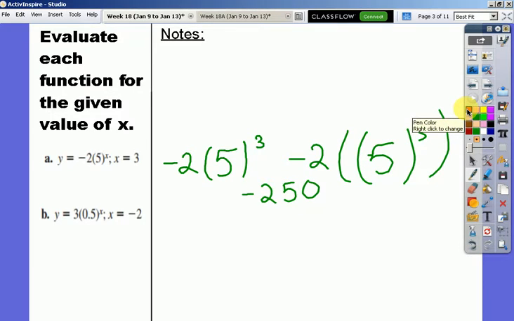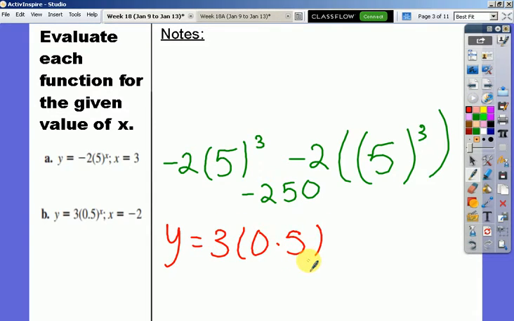Second one, same thing. Do not forget your rules of exponents. Okay, so y equals 3 times 0.5 to the x, and our x in this case is -2. What should I do in order to evaluate this function? Okay, exponent. How will I get rid of that -2, make that a positive 2?